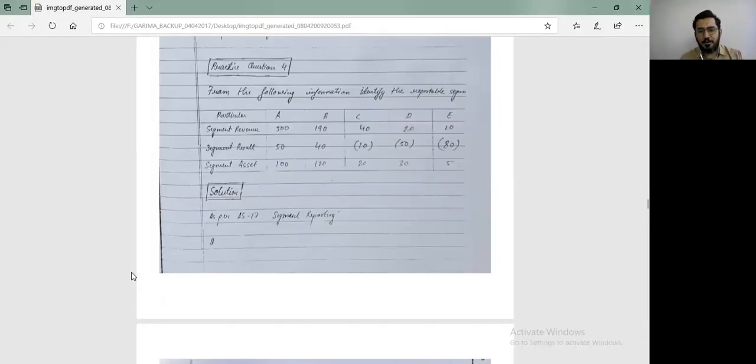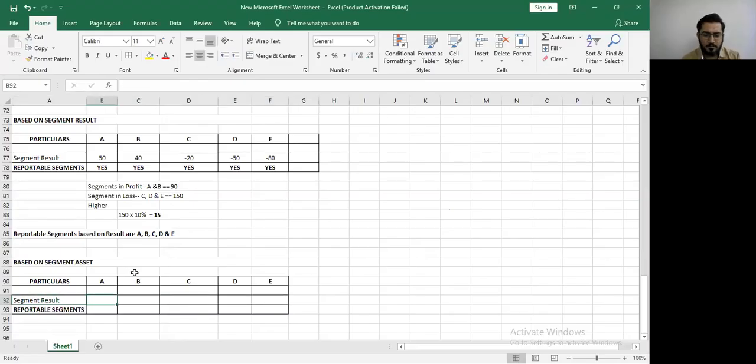Segment asset is 100, 120, 20, 30, and 5.